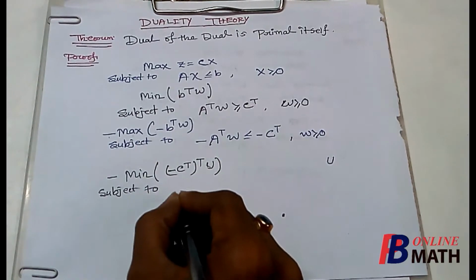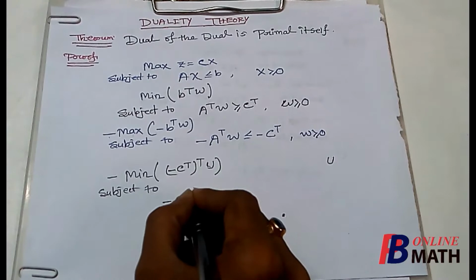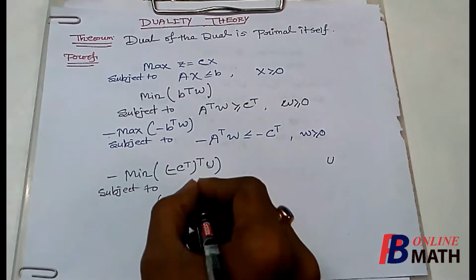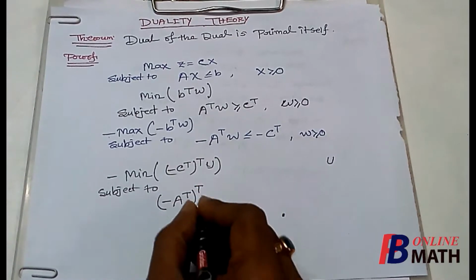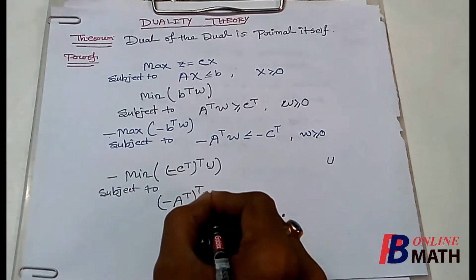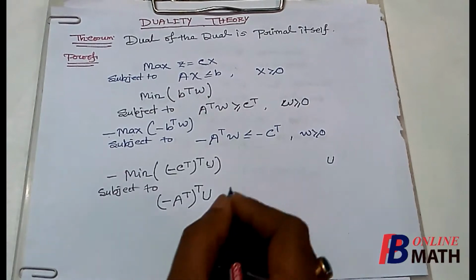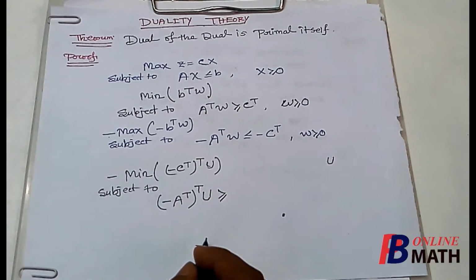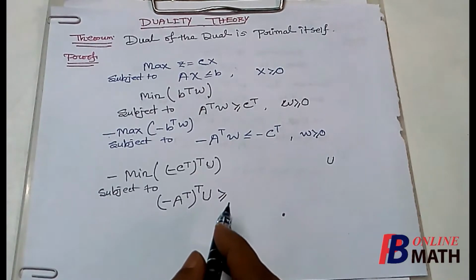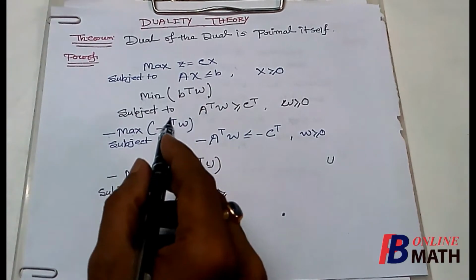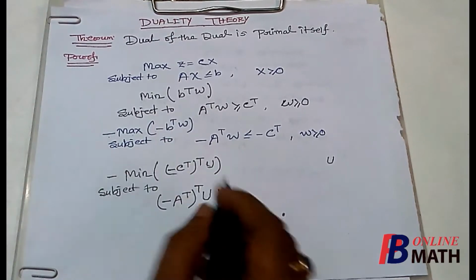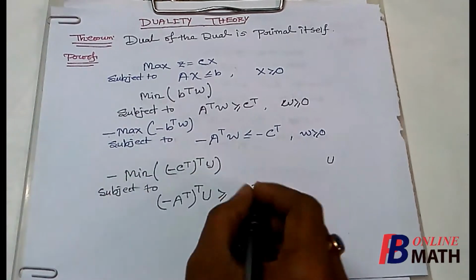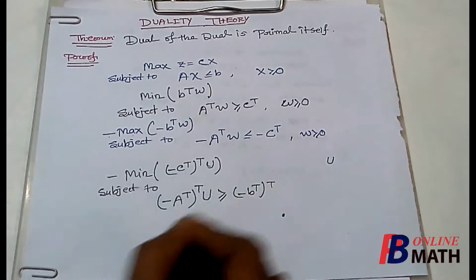That means minus A transpose, and its transpose, multiplied by the dual variable vector u, and this will be greater or equal to the transpose of the cost vector of the primal problem. That means minus b transpose, its transpose.